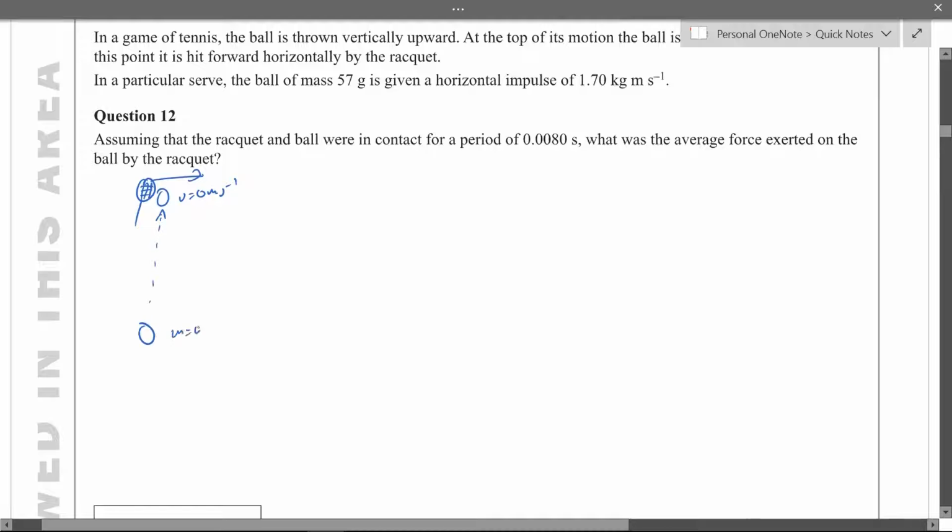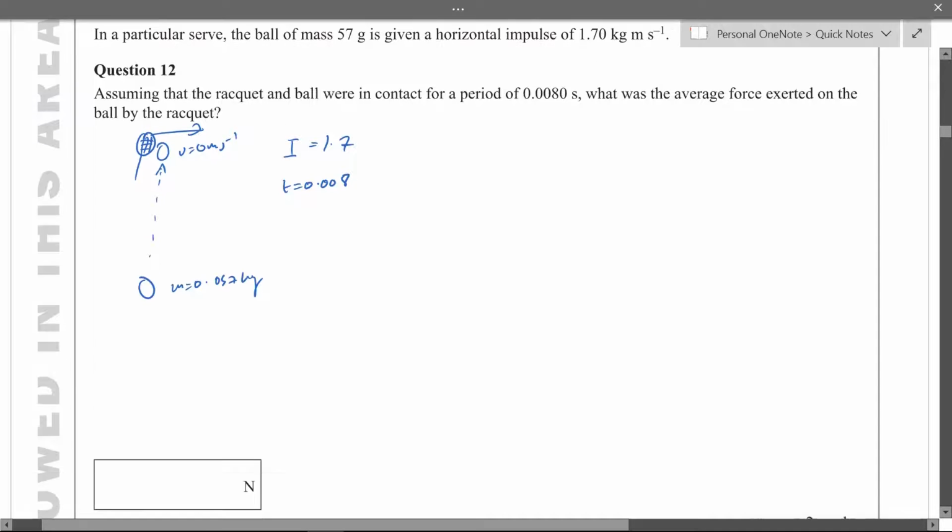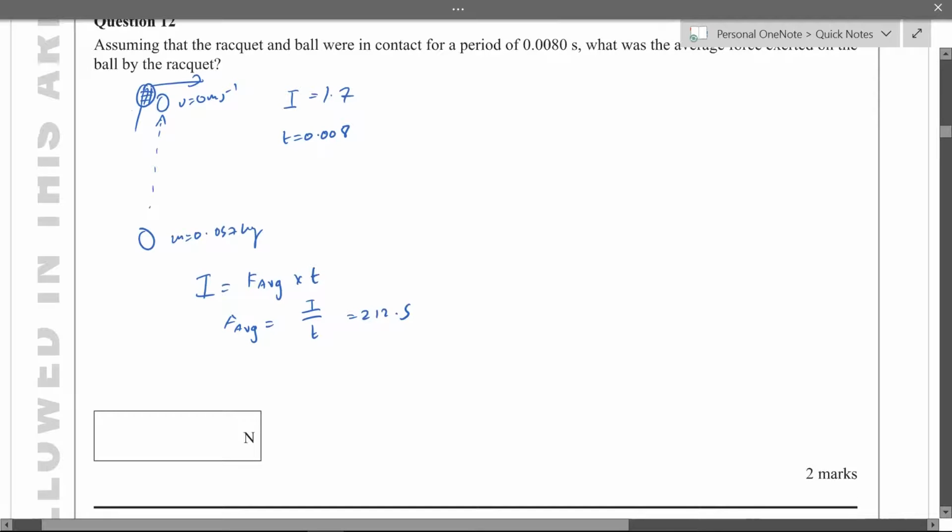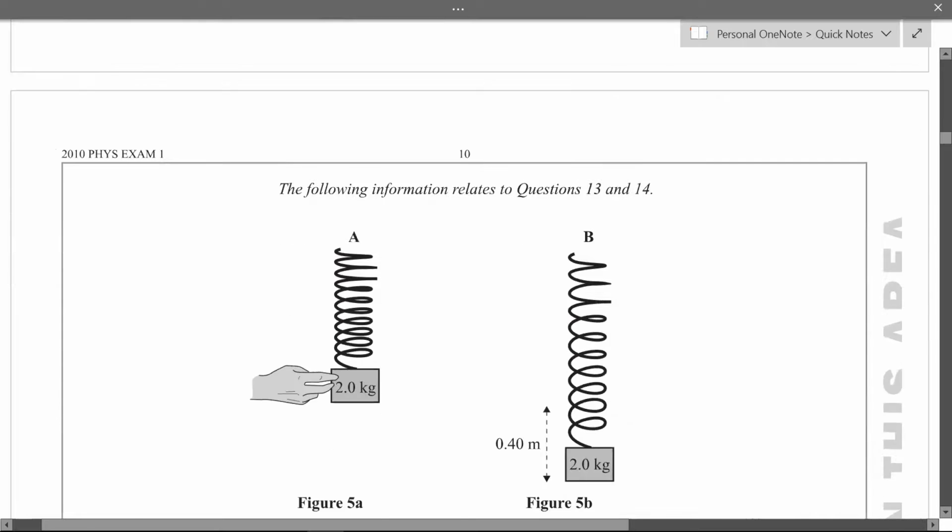So m is 0.057 kilograms, and we know that I is 1.7. They also give us t is 0.008, and it's asking for average force. The formula we know is impulse is average force times time. So F average is just impulse divided by time, which is 212.5. I'll just round it to 213.